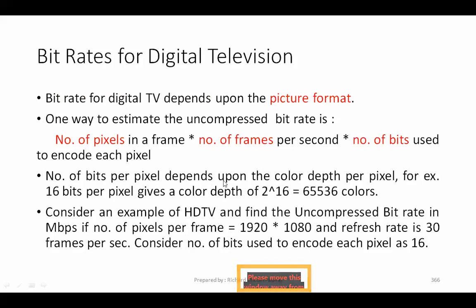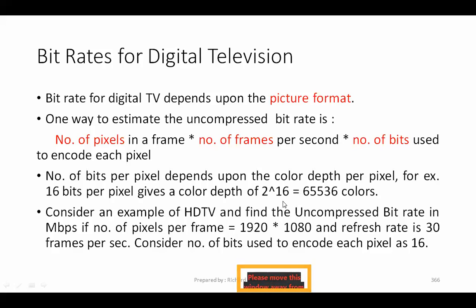Number of bits per pixel depends on the color depth of each pixel. When I speak of red, red can have different combinations, which means the level of shade, the level of depth, can change with each color. And if I mix one color with the other, that brings out another new color. For example, 16 bits per pixel gives a color depth of 2 raised to 16.